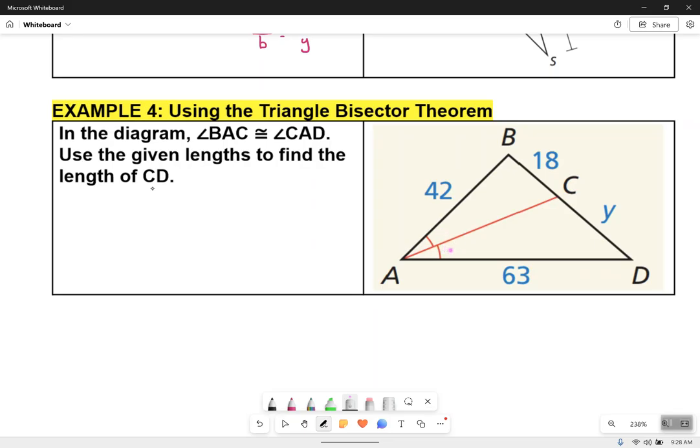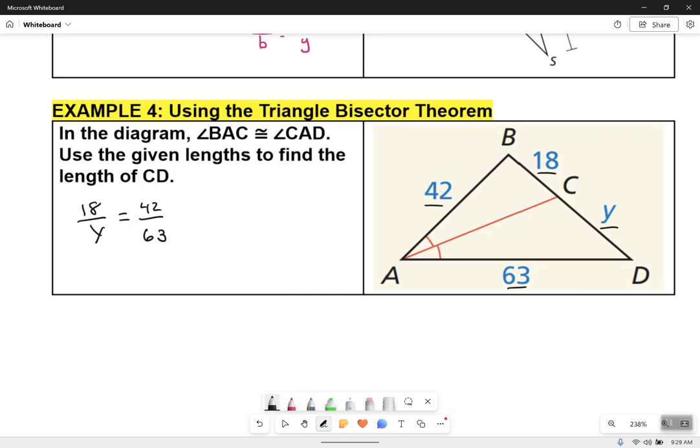Okay, we've got to find the length of CD, which is defined by what variable as a distance? So guys, this is simply saying the following. You can go 18 over Y. The way that this theorem reads, you'd say 18 is to Y as what to what? 42 is to.